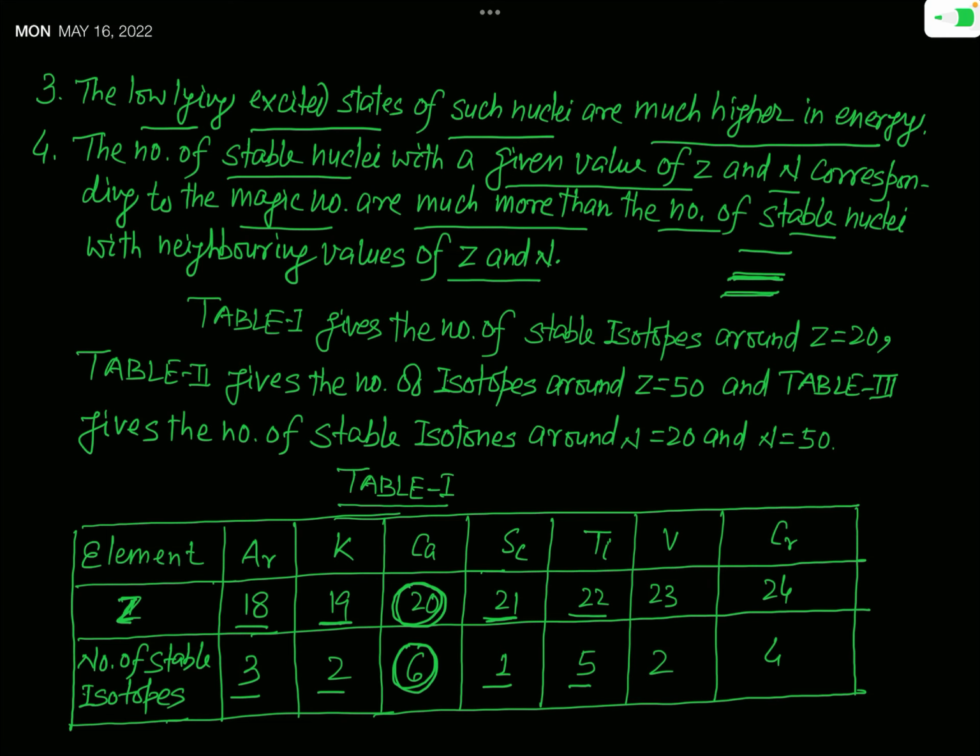Similarly, for Z equal to 23 the number of stable isotopes is 2, and for 24 it is 4. So you can see that the number of stable isotopes for a magic nucleus is greater than the number of stable isotopes for the neighboring nuclei.